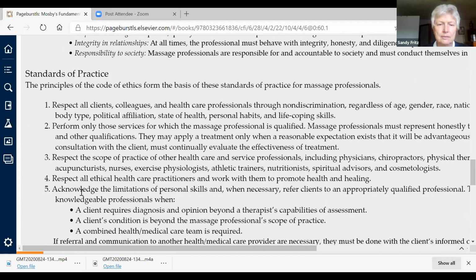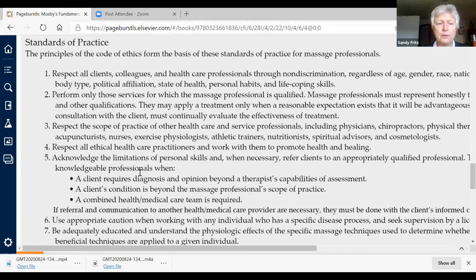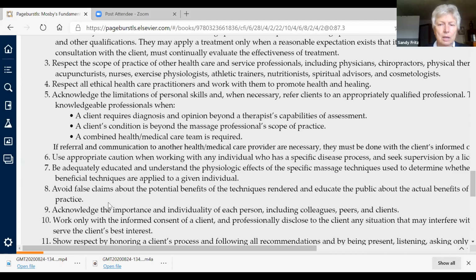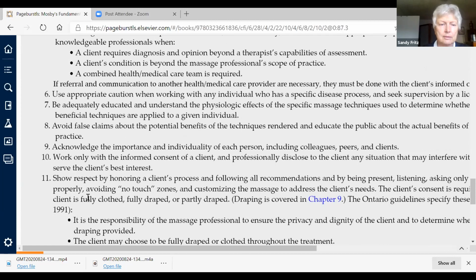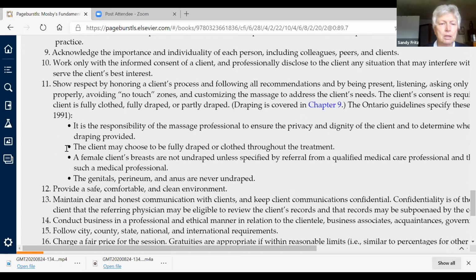An example here would be referral of a client, if you are unsure of what's going on and you would like them to see another professional, or confidentiality and how you maintain client files and how you don't talk about clients with other people.